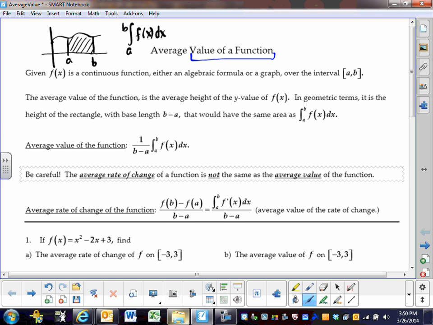And then we divide by how many y values we have, which is the difference between b and a, so that we end up getting the average function value.